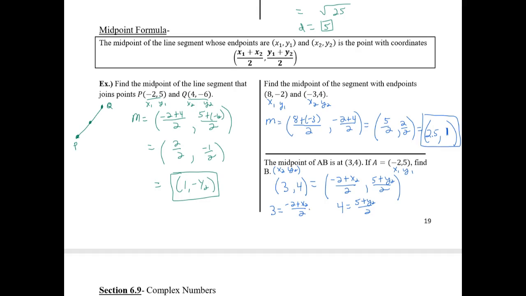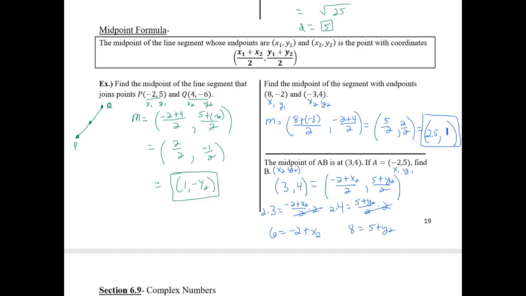I solve both of these by starting to multiply both sides by 2 to clear out that denominator. This will give me 6 equals -2 plus x2, and 8 equals 5 plus y2.